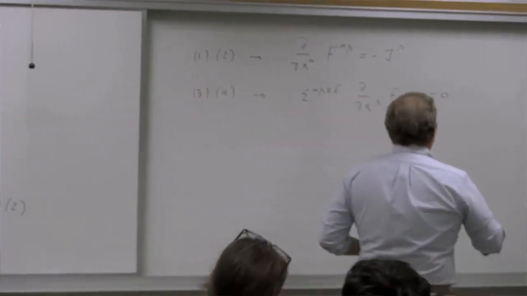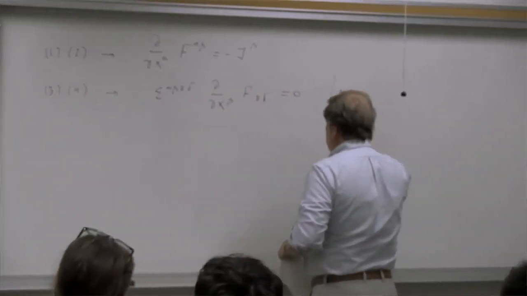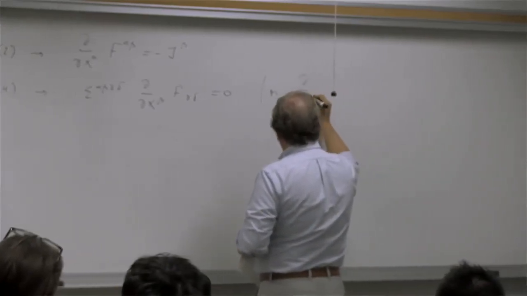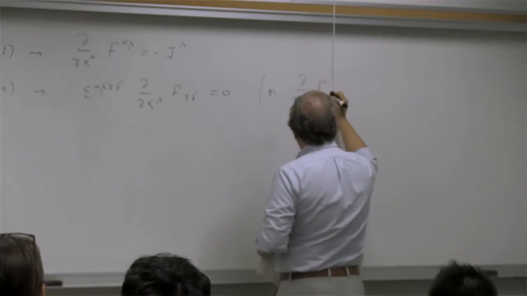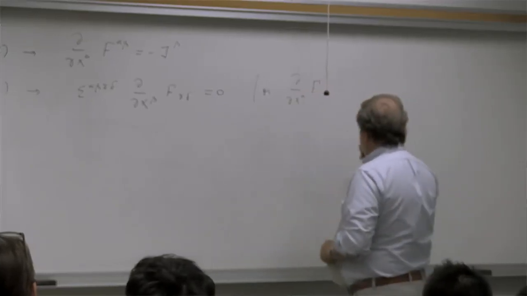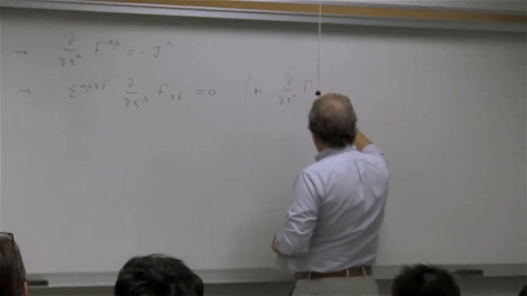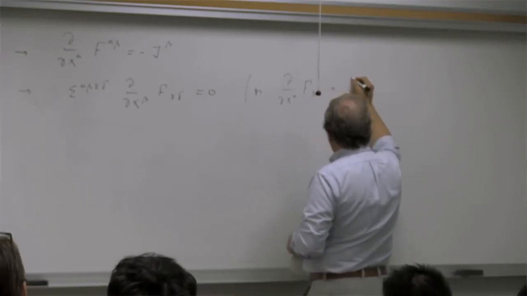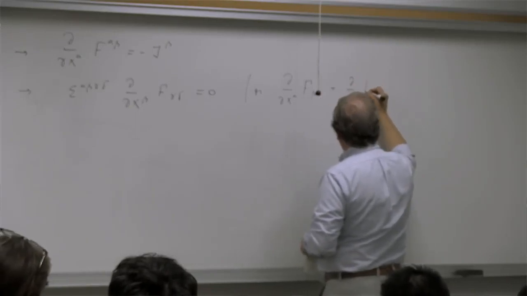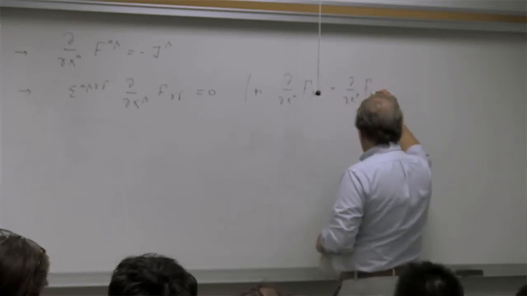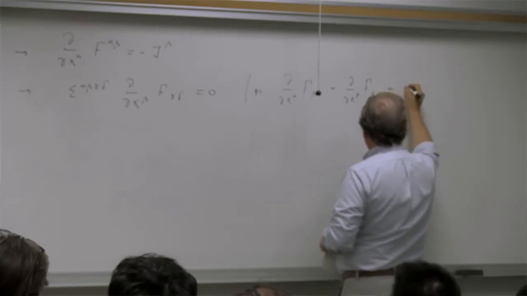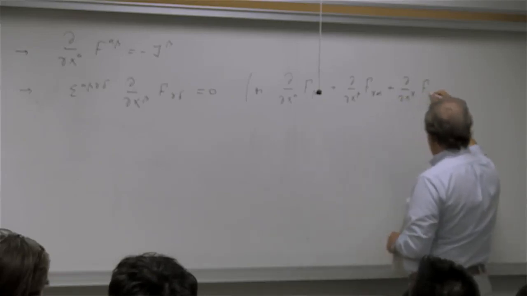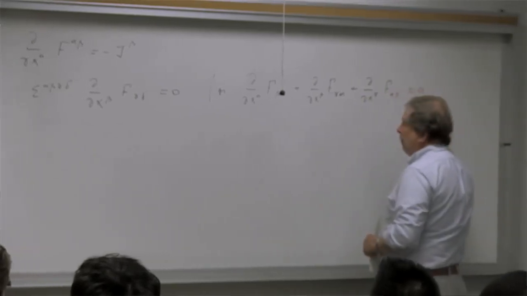The second one can be written in a slightly equivalent form, which is that d by dx^alpha of F_{beta gamma} plus d by dx^beta of F_{gamma alpha} plus d by dx^gamma of F_{alpha beta} is equal to 0.